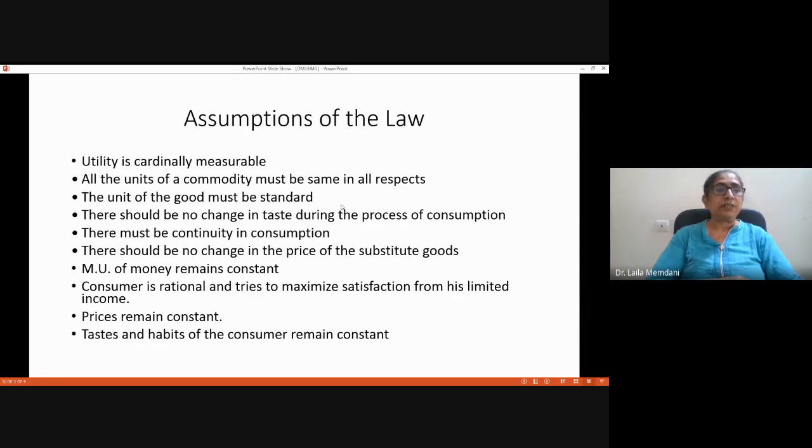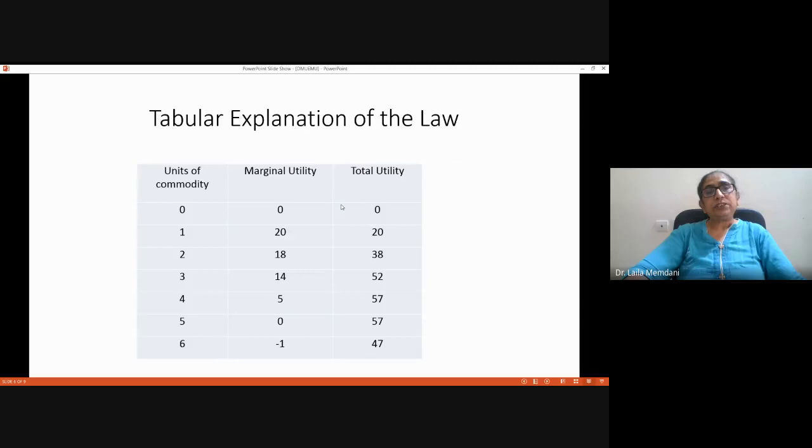Now, coming to the tabular explanation of the law, we have units of commodity in the first column, marginal utility in the second column, and the total utility in the third column. As the consumer is not consuming any commodity, marginal utility and the total utility are zero.